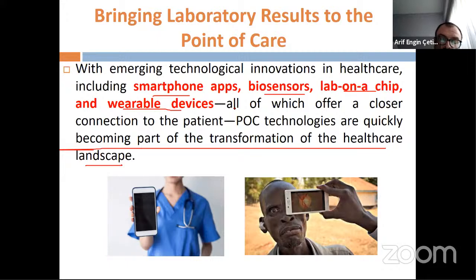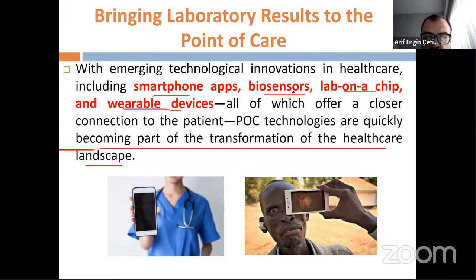So the smartphone gives us more flexibility for the analysis part of point of care. We can perform analysis, or we can send the data taken by the smartphone to a central lab to perform tests, and the results could be sent back to the clinician's smartphone through the internet, and the clinician could diagnose the disease.